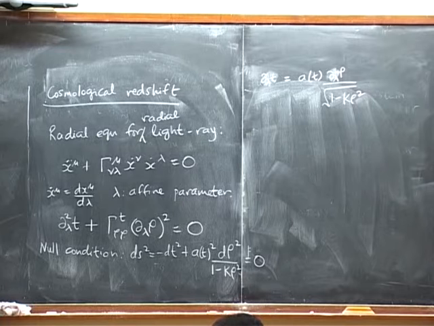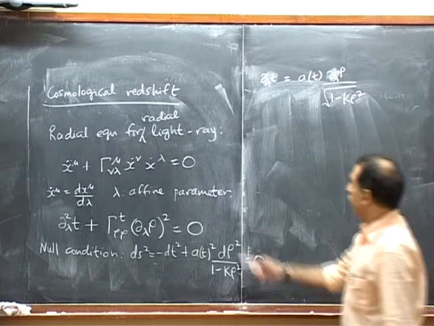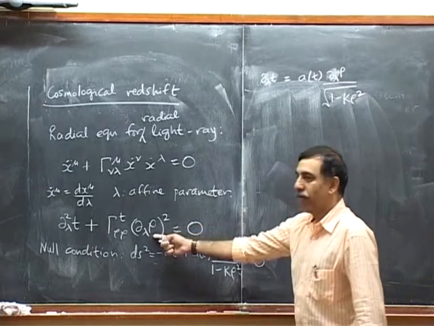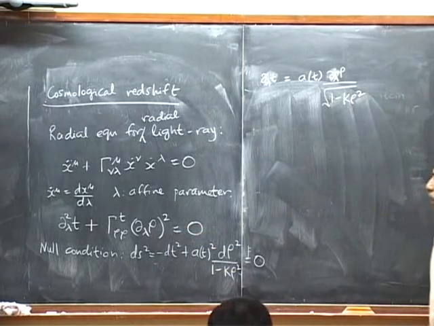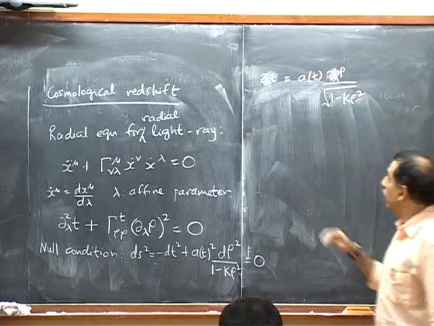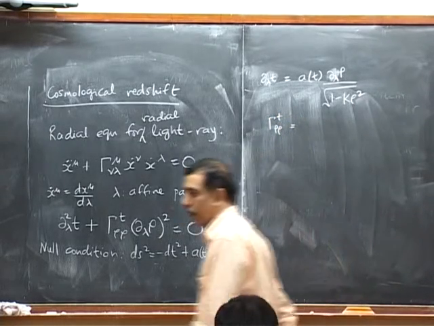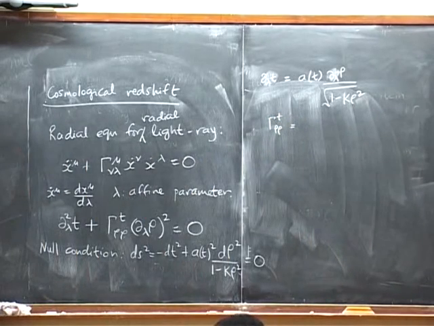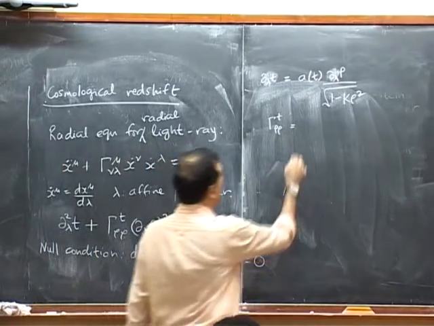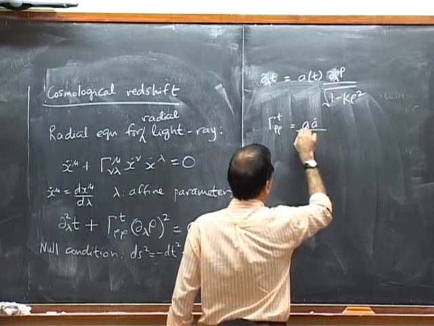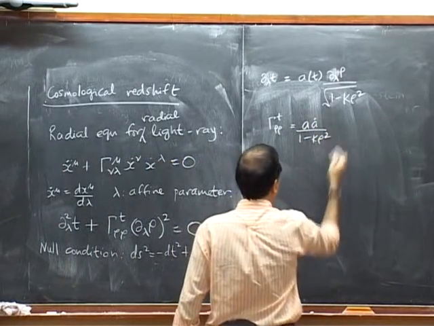Now I can use that to eliminate del lambda rho from this equation. Moreover, I need to remember what is gamma t rho rho. So this, if I remember right, was a dot upon 1 minus k rho squared.